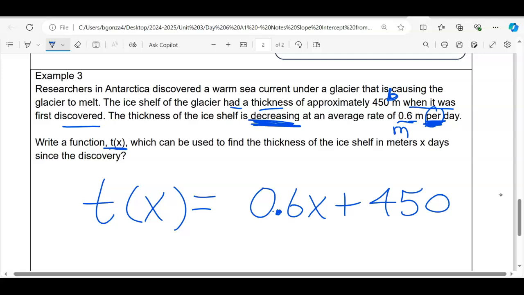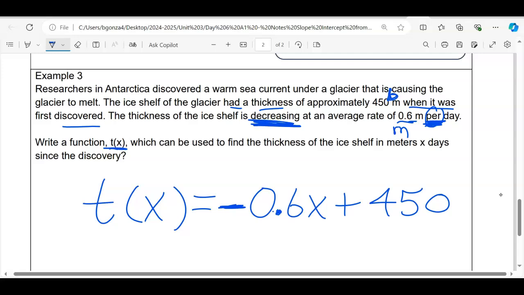We don't switch them. They're in the right spot. This is a plus sign. Negative 0.6. Why is that one negative? Decreasing. There's a key word, right? Isn't decreasing a negative? It's going down. All right, so put a negative there. Everybody, make sure you write it with a negative 0.6.